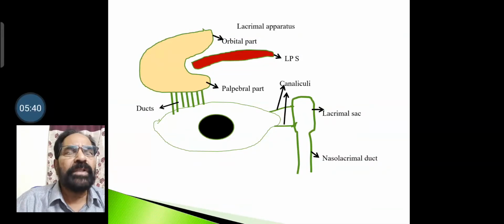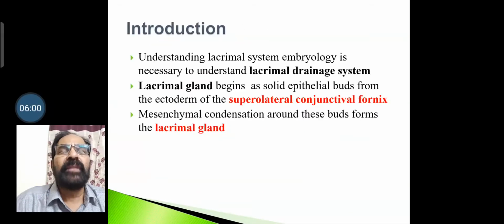So the components of the lacrimal apparatus are the lacrimal gland, then the ducts, then the canaliculi, then the lacrimal sac, and the nasolacrimal duct. So these are the components of the lacrimal apparatus.